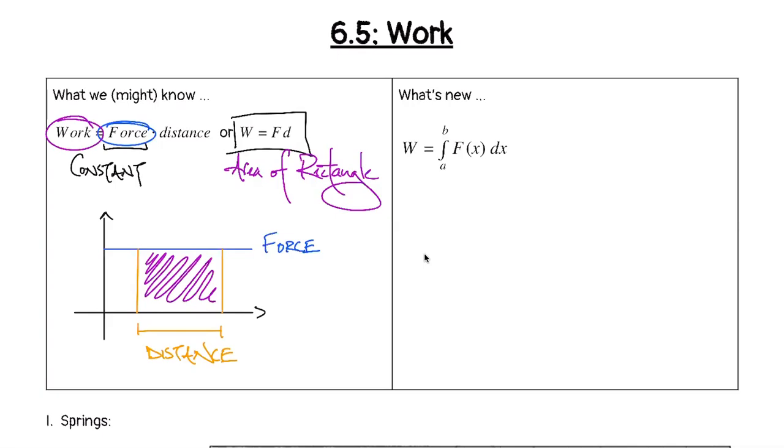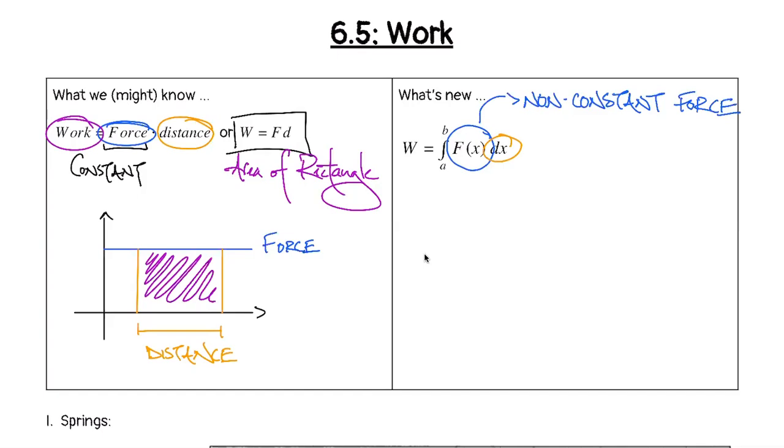But now that we're more grown up, we're going to take a look at what happens when we have non-constant forces, okay? So let's keep the colors the same. This f of x represents a non-constant force, okay? And believe it or not, that distance right here, this dx, and our bounds tell us that we're going to start and stop at a certain place.